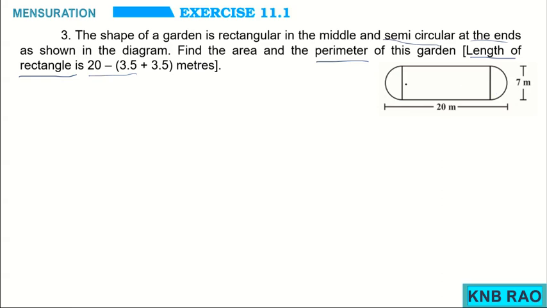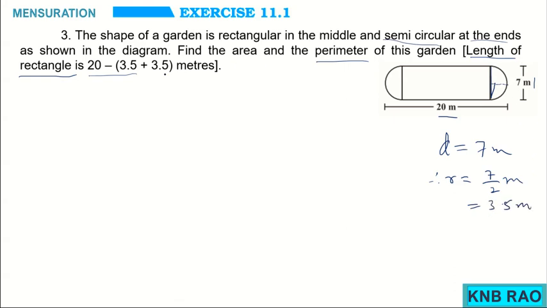The length of the garden here is 20 meter, but if you want to find out the rectangle's length, this side where you have a breadth of 7 meter, that means in a semicircle the diameter is 7 meter, therefore the radius becomes 7/2 meter, that is 3.5 meter.